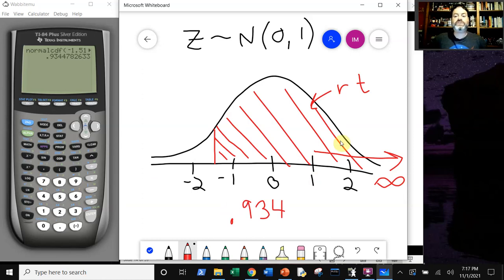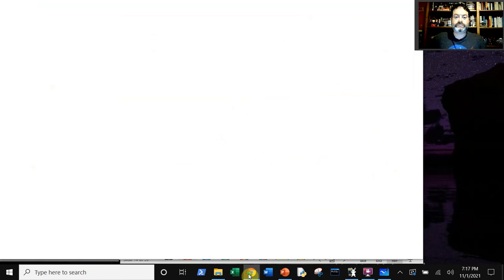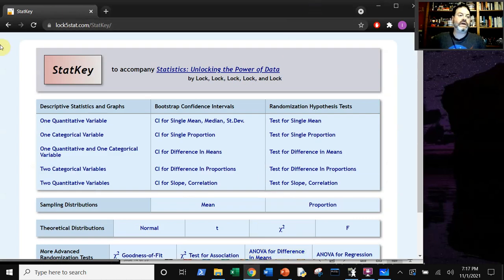Now what we're going to do is check this answer in StatKey. As you can imagine, StatKey is much faster. So let's go ahead and do that. The way you do this in StatKey is we're down here in theoretical distributions, normal. All of these instructions are in the notes. I'm just showing you how to do it once each, and then you'll be fine after that.